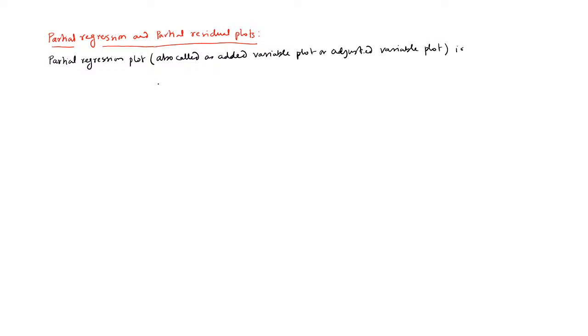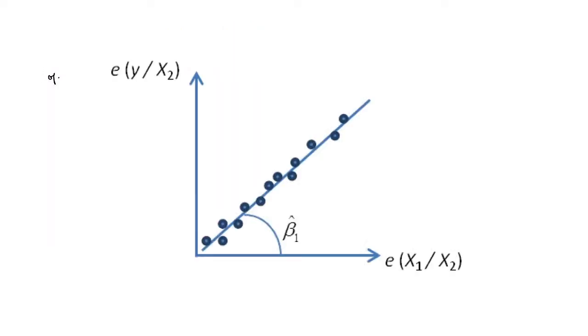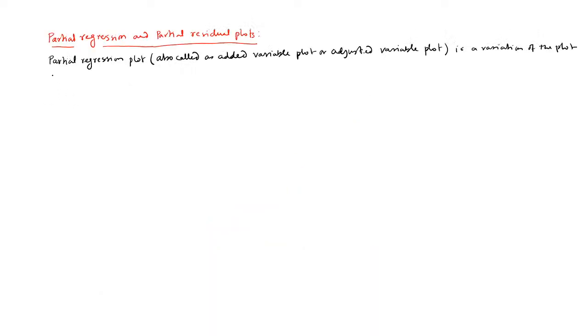It is a variation of the plot of residual versus the predictor.